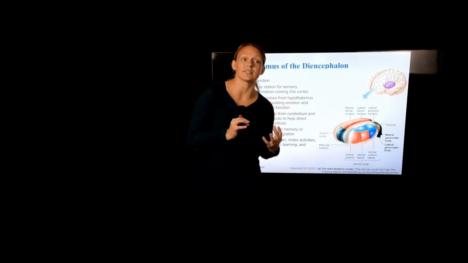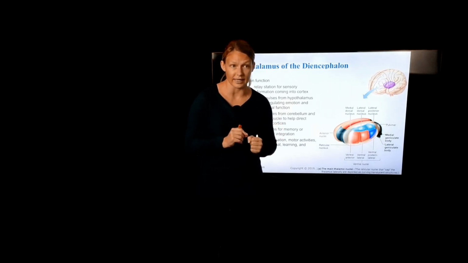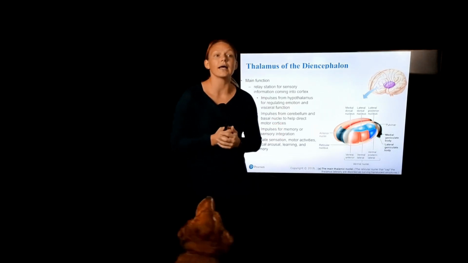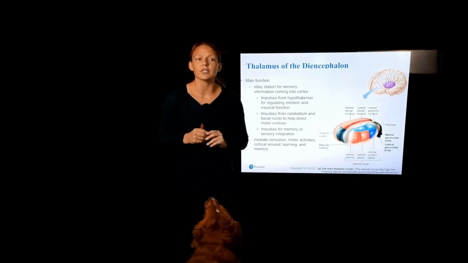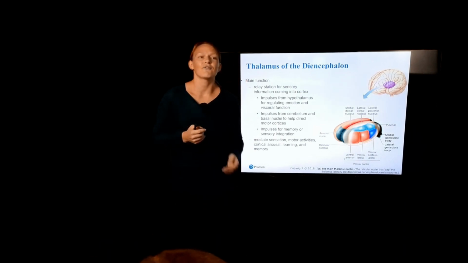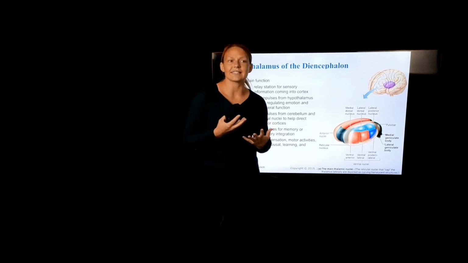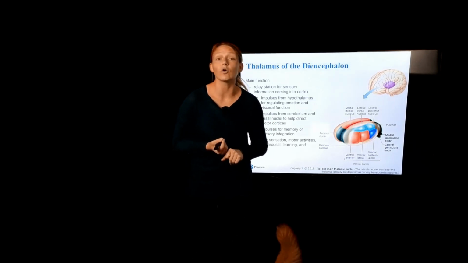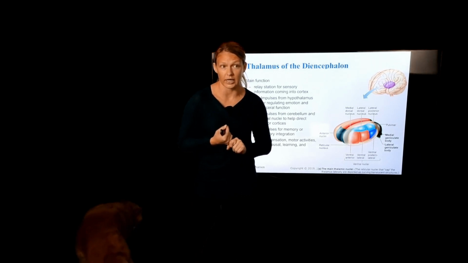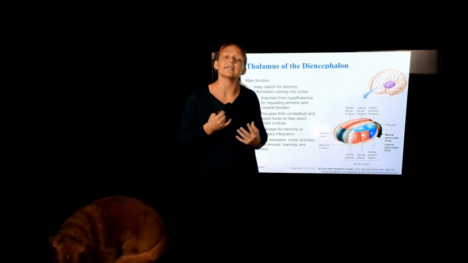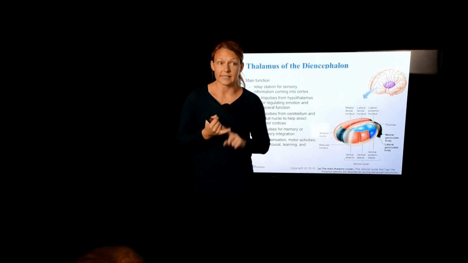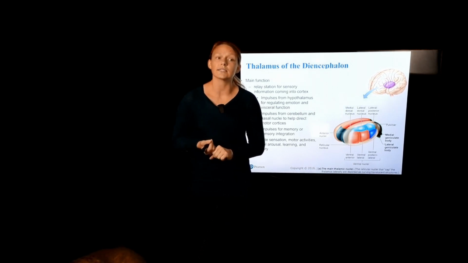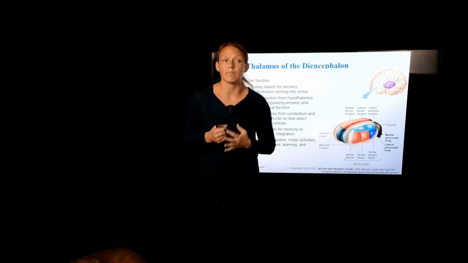We'll talk about the cerebellum a little later, at the end of this lecture. And then it also is going to be responsible for relaying ascending input of impulses for memory or sensory integration as well. So overall, it is acting to mediate sensation, motor activities, cortical arousal, learning, and memory.